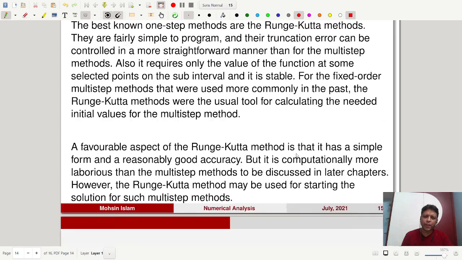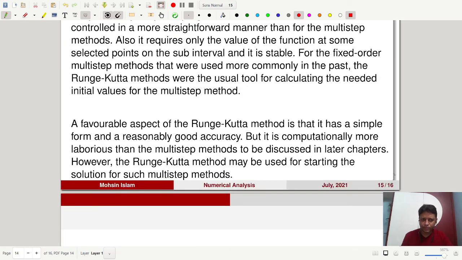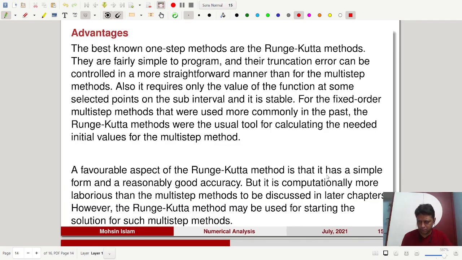Another favorable aspect of the Runge-Kutta method is that it has a simple form and reasonably good accuracy, but it is computationally more laborious than the multi-step methods to be discussed in later chapters. However, the Runge-Kutta methods may be used for starting the solution for such multi-step methods. So these are the big advantages of Runge-Kutta methods.